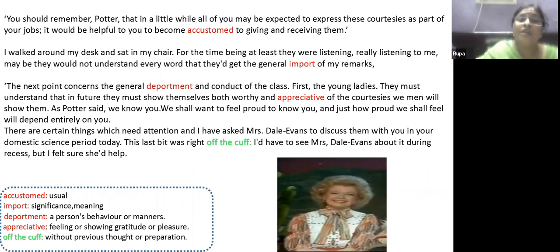Worthy means they also need to show that they are in a position to be respected. That is what Sir is making clear. And appreciative means they must show the feeling of gratitude. They must show that they are very much pleased. So at the same time, when we are addressing them as Miss, they must show their gratitude.